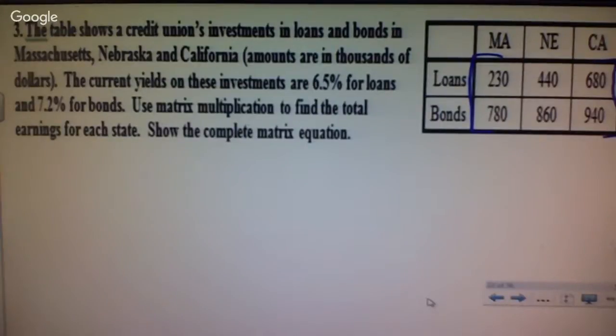So, Massachusetts, $230,000 in loans, $780,000 in bonds. Nebraska, $440,000 in loans, $860,000 in bonds. Okay, I need to figure out how am I going to make a matrix that can multiply against this. What is this matrix?